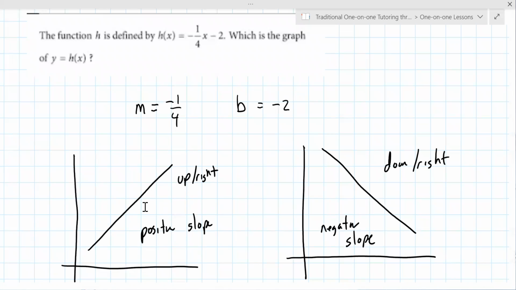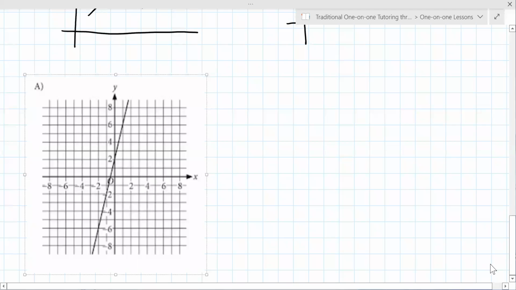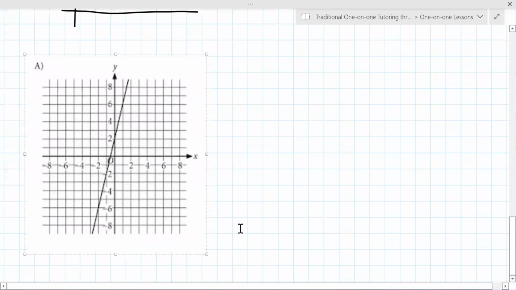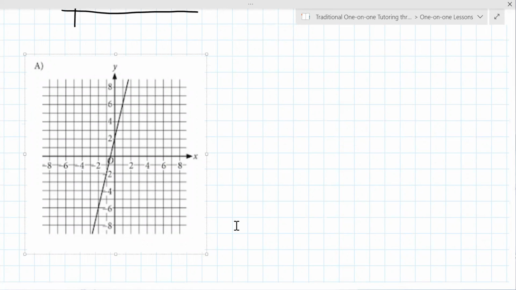Okay, now let's go look at your graph here. Does this have a positive slope or a negative slope? That's what I told you, that was a positive slope. Yes, it's positive slope.